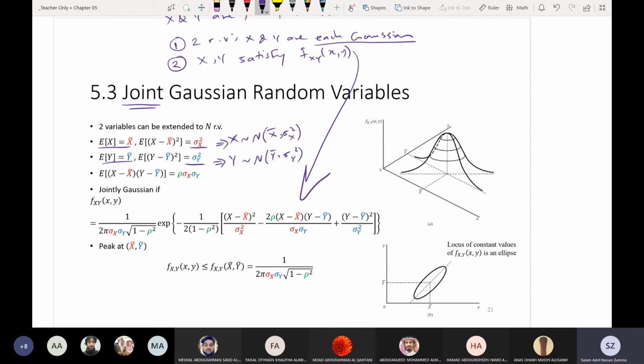The second thing is they are jointly Gaussian. Jointly Gaussian means that the joint PDF satisfies this. What does this mean?